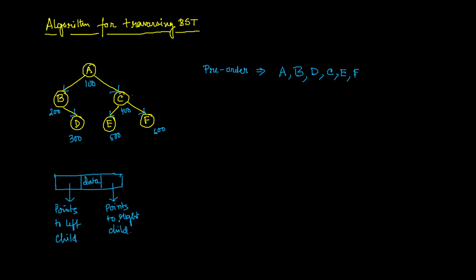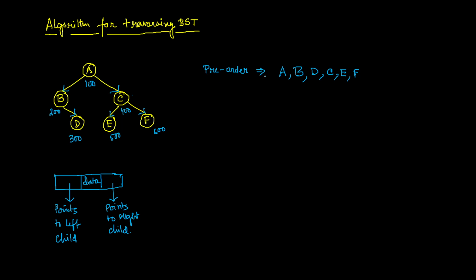So in this node there is no way to point to its parent. That's why it is unidirectional. That means if you come from A to B without storing the address of A somewhere, there is no way to go back from B to A again.